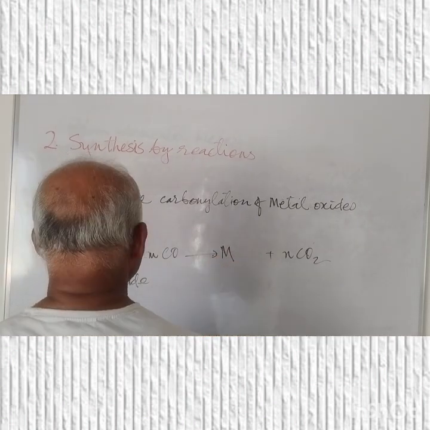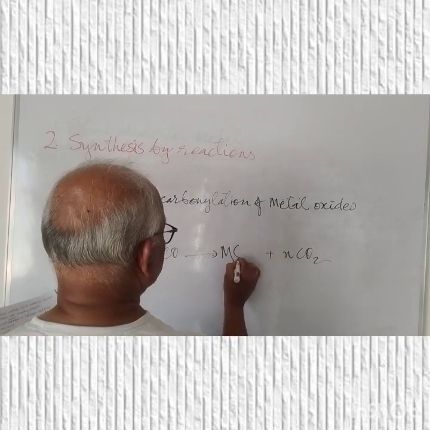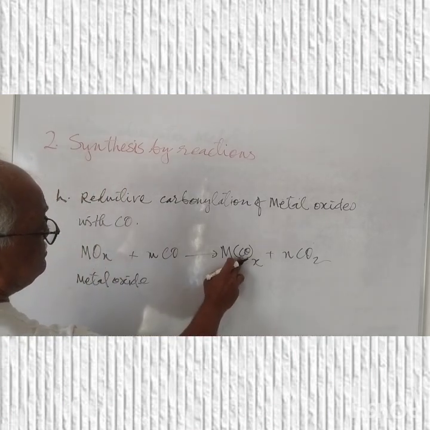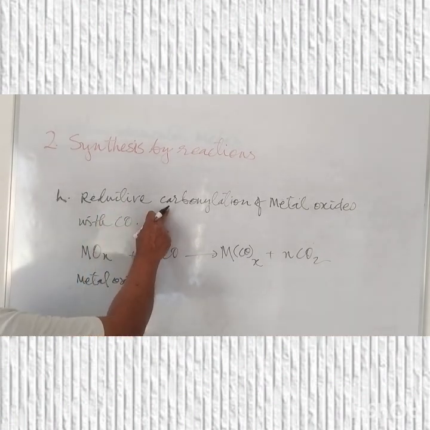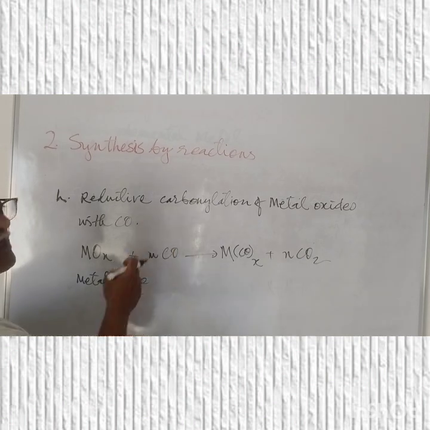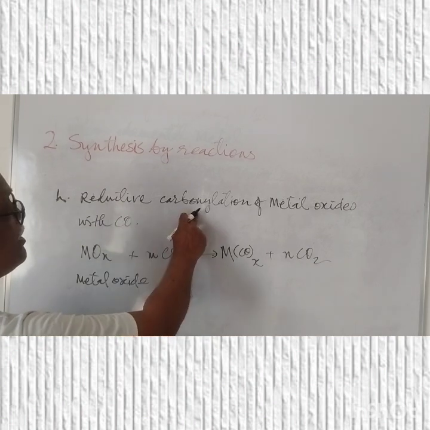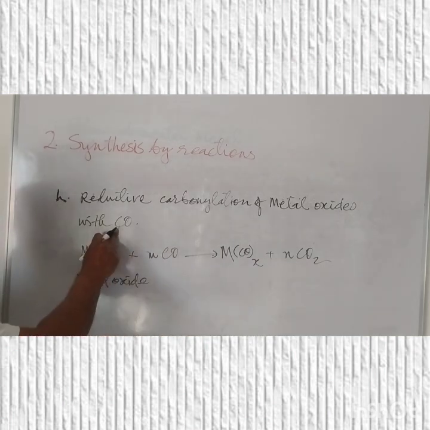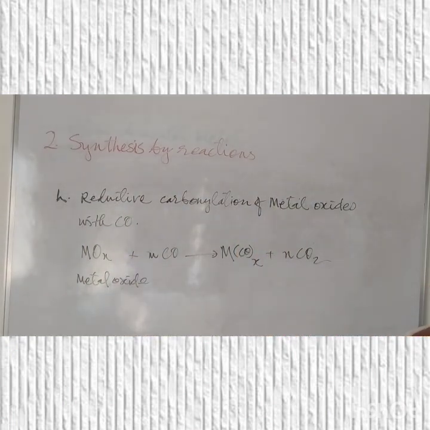So we get this metal carbon monoxide, which can be X. The oxygen is removed, meaning reduction, and at the same time carbon monoxide is added. That is called reductive carbonylation. For this purpose we are using metal oxide and carbon monoxide as the reagents. In this way we can also obtain metal organometallic compounds.